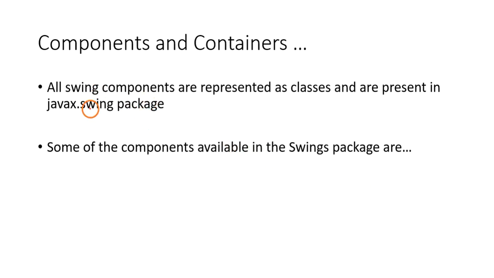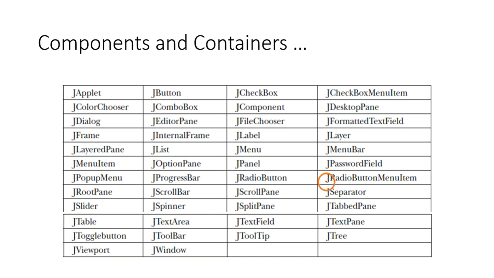Like I already told you, the javax.swing package provides different classes which represent components and containers. Some examples of components available in the Swing package are like this. These are only some of the components; there are actually so many.